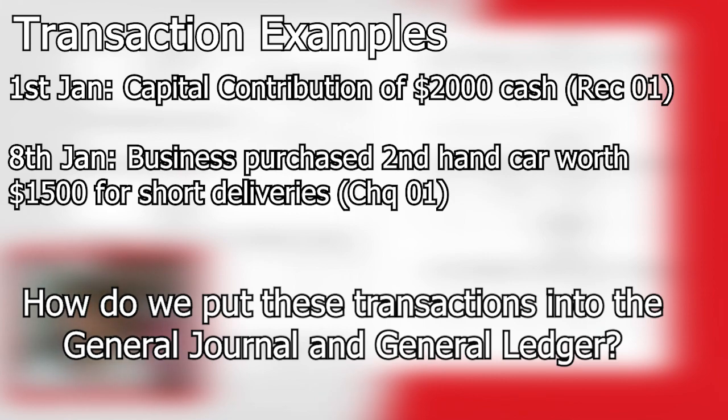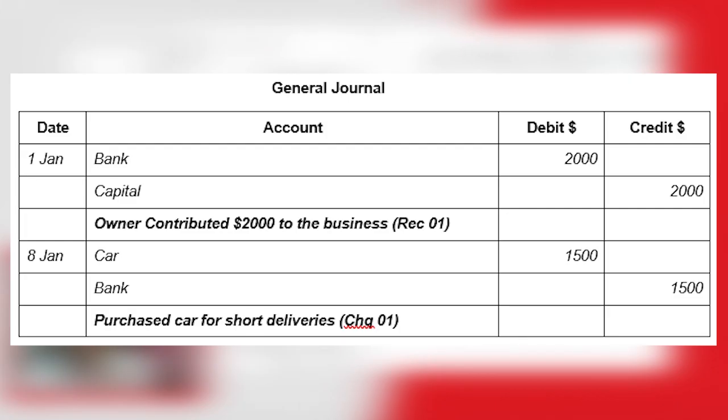So what we do is, and I'm going to bring up the solution now. You can see transaction 1, bank, because it goes up, because we receive cash, it goes up, and the owner's share in the business goes up, that's the credit, and you see both debit, credit, 2,000 there. And if I also do this transaction, I'd make sure that debit and credit are both 2,000 before I move on.